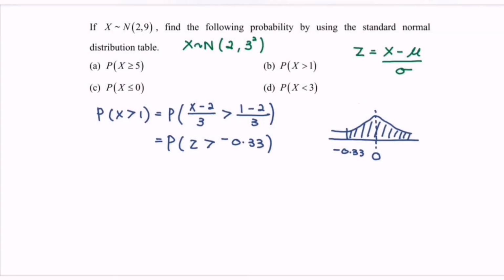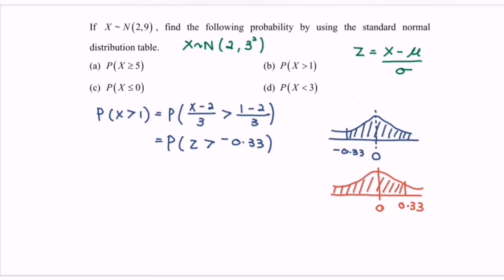Next is to rewrite the situation, as we have a formula in order to find the area under the curve. Kindly modify it to become positive 0.33. If we flip the situation, here will be the region under the curve.